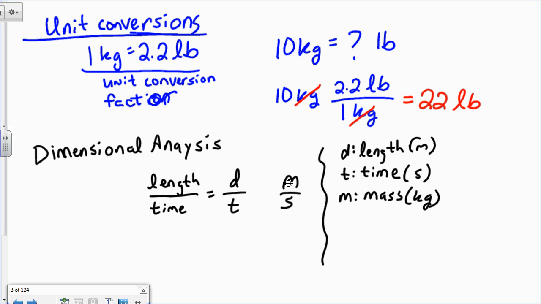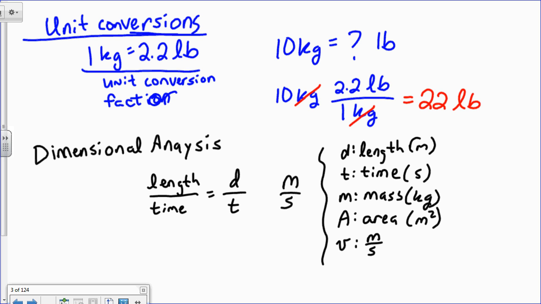I can also have other variables, like V for velocity or speed, which has units of meters per second, as we just said. And by the way, area has units of meters squared.